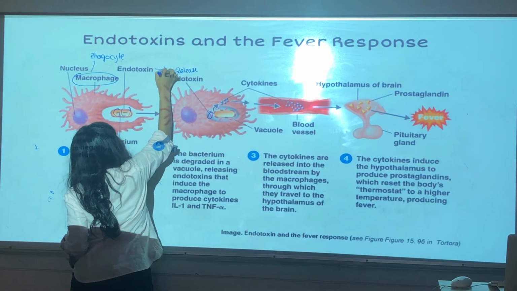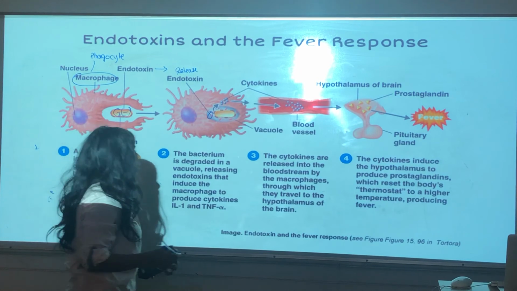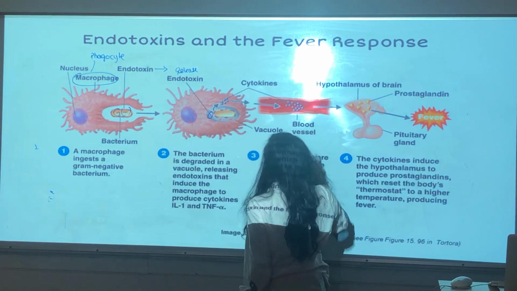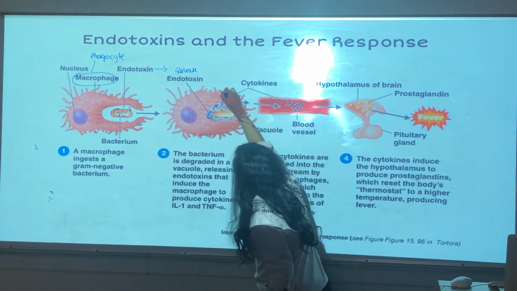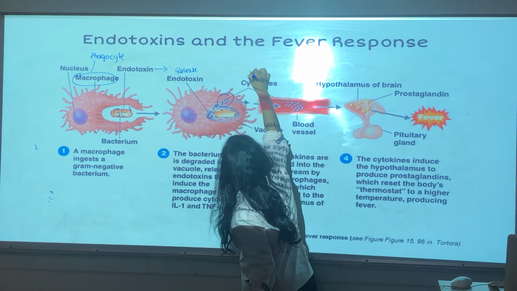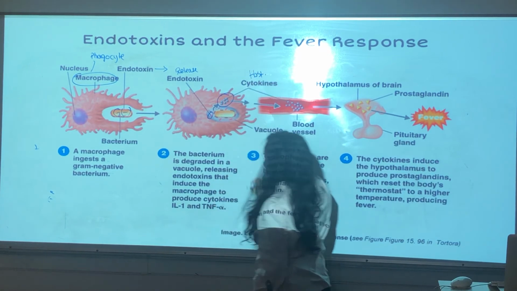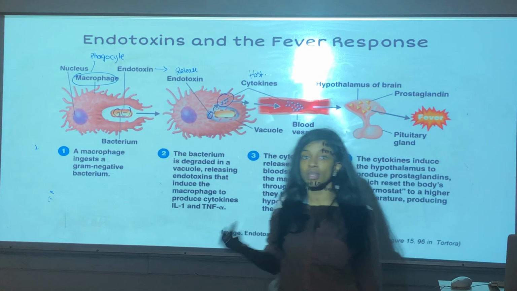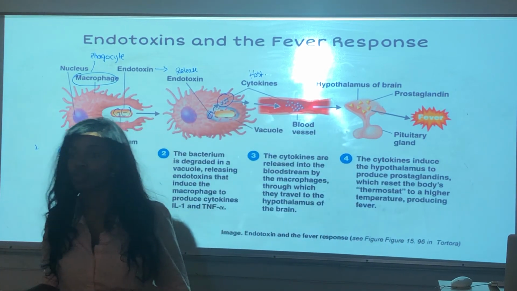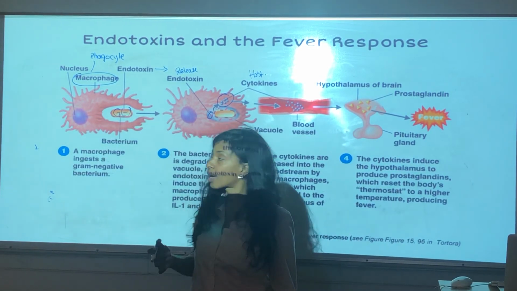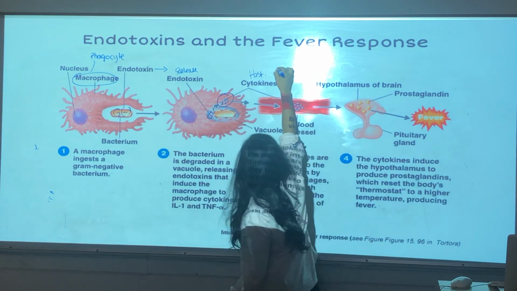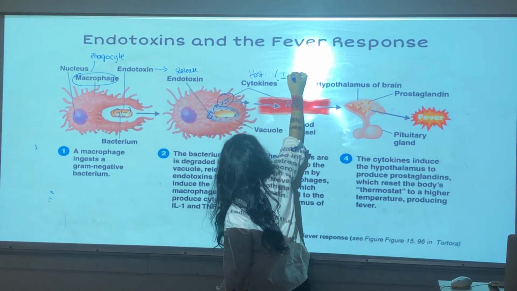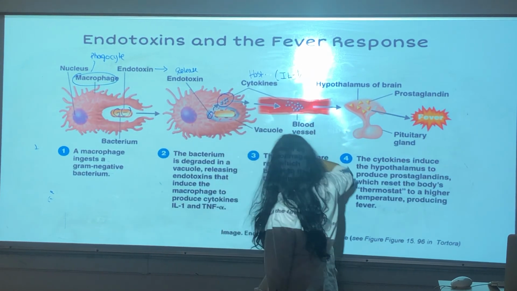This will be the next step: they get released, and the host cell starts to make cytokines, so made by the host. What cytokine is that? It's one of the interleukins. Which one? This will be interleukin number 1 that is associated with fever and the gram-negative cell.